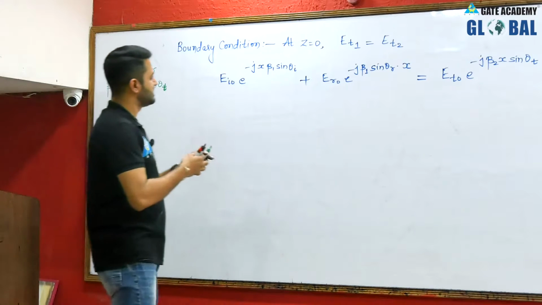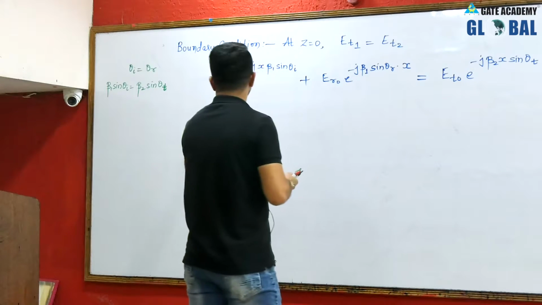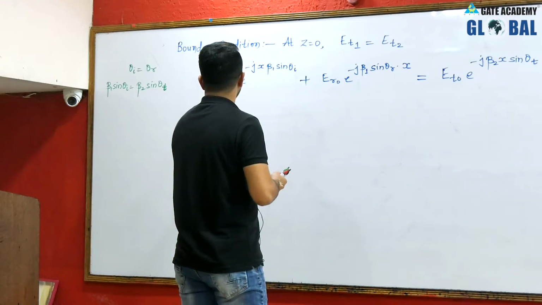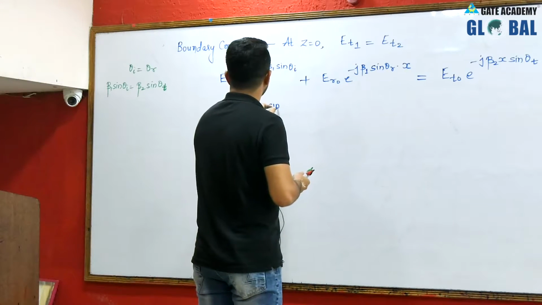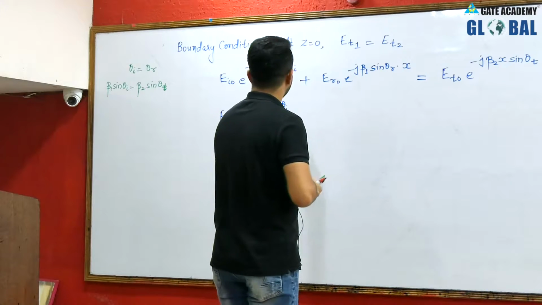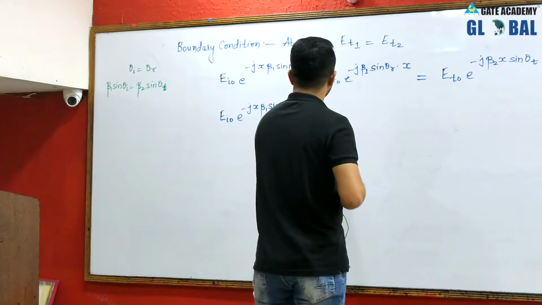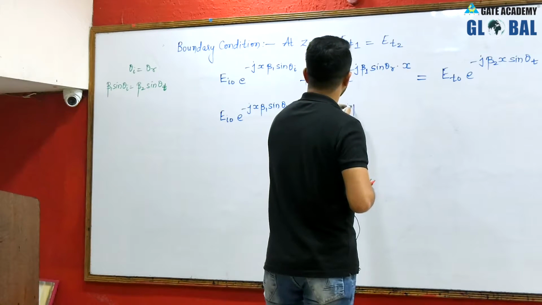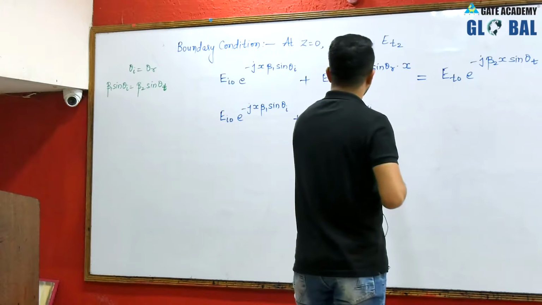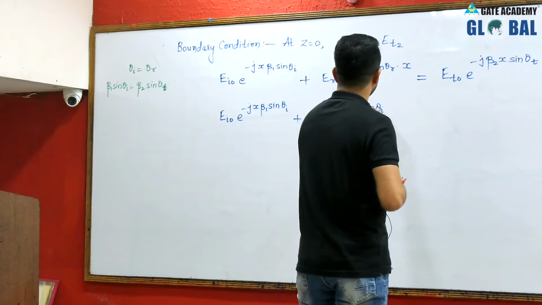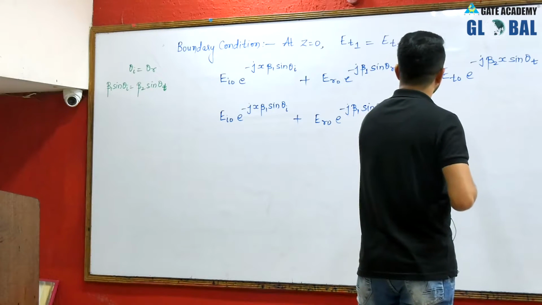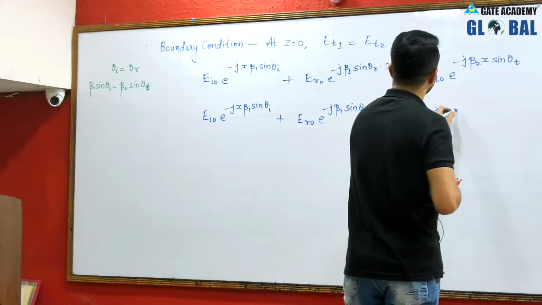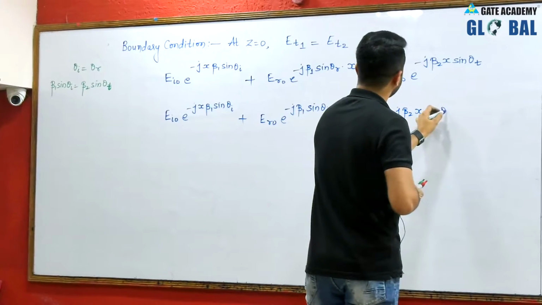So let's write here: EI0 e to the power minus j x beta 1 sin theta I plus ER0 e to the power minus j beta 1 x sin theta r, where theta r is equal to theta I, equal to ET0 e to the power minus j beta 2 x sin theta t.